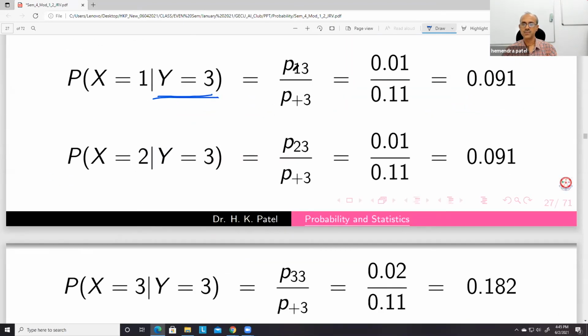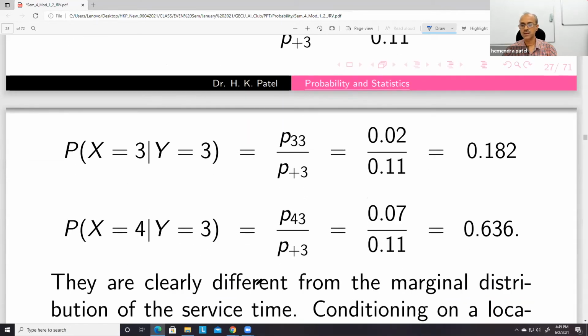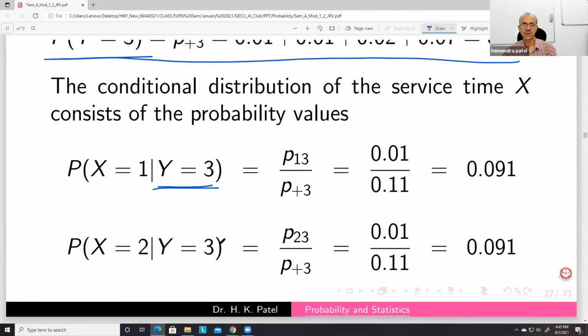So P13 over P plus 3. Then x is equal to 2, y is equal to 3 will be P23 over P plus 3. Then x is equal to 3, y is equal to 3 will be P33 over P plus 3. In this way, we can calculate the conditional probabilities.